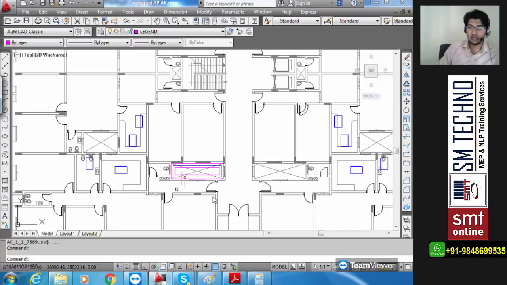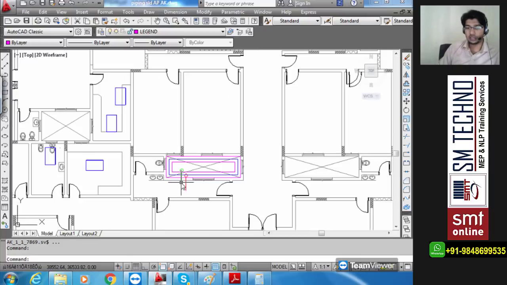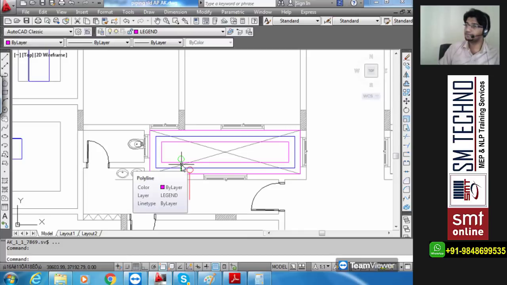So we have placed our chiller there, and on the chiller from the top you can see where the supply and return connections are available. The green color is the supply, the red color is my return. You see the return is outside, supply is inside.